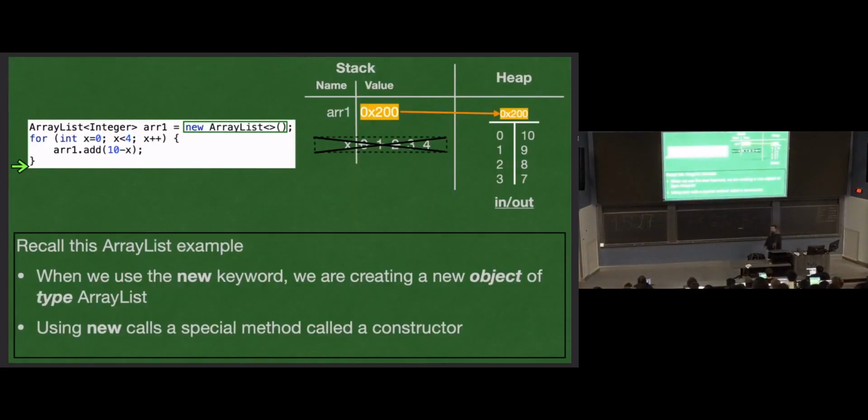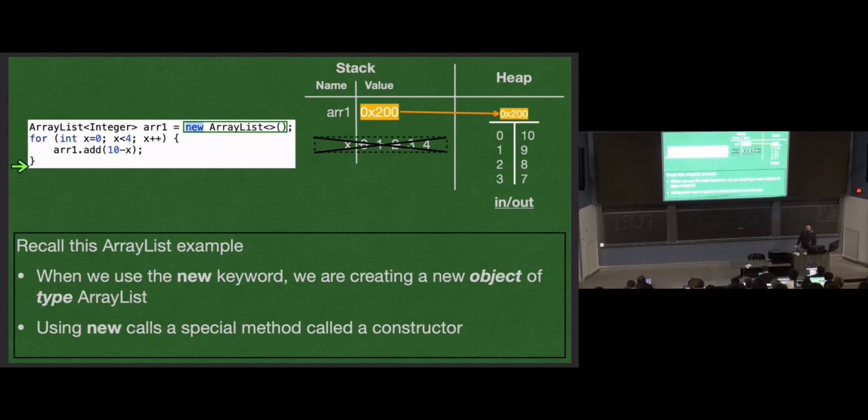So we saw this example last week, a week ago. We saw this ArrayList example. I just have a small snippet of the code right here, not the full thing. But we saw our first case where we put an object on the heap. Let's talk about what that meant. So when we used the new keyword, that meant we were creating a new object of a specific type.